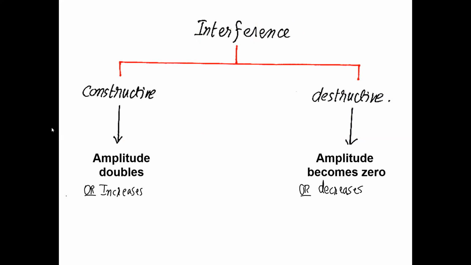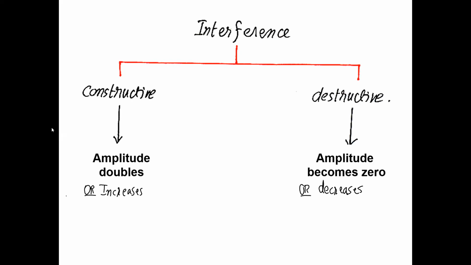So I put my second concept for today: there are two types of interference. This is very similar to our social life when we interact with people; we also interfere in each other's work. This is how the social fabric works. But there are two types of interference: one is constructive and the second is destructive.